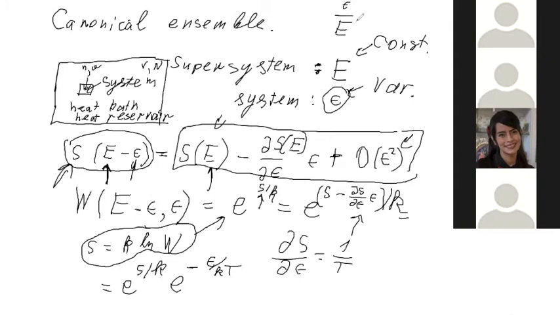For instance, epsilon is a small fraction of the total energy in the universe. If our universe is very large, with many orders of ten, then epsilon is a very small number, right?